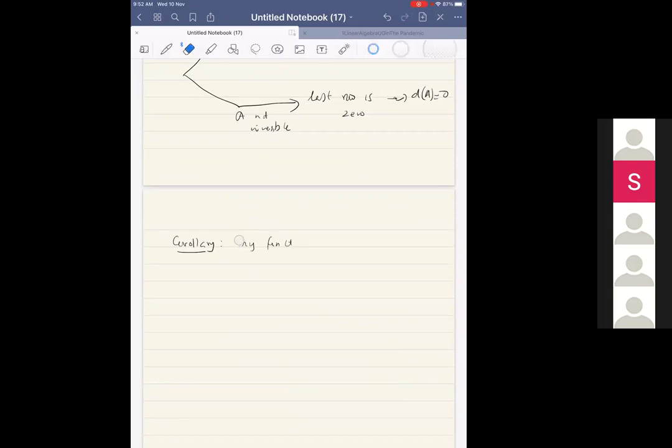Let me formulate it this way. There is only one function that satisfies 1, 2, 3, namely the determinant.